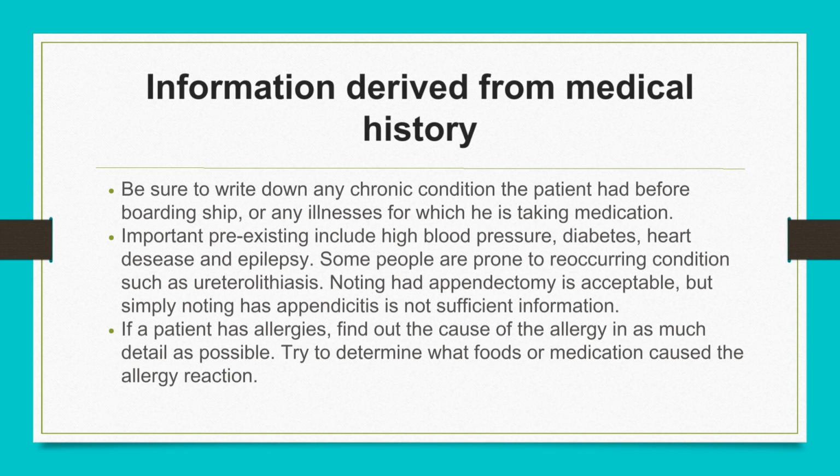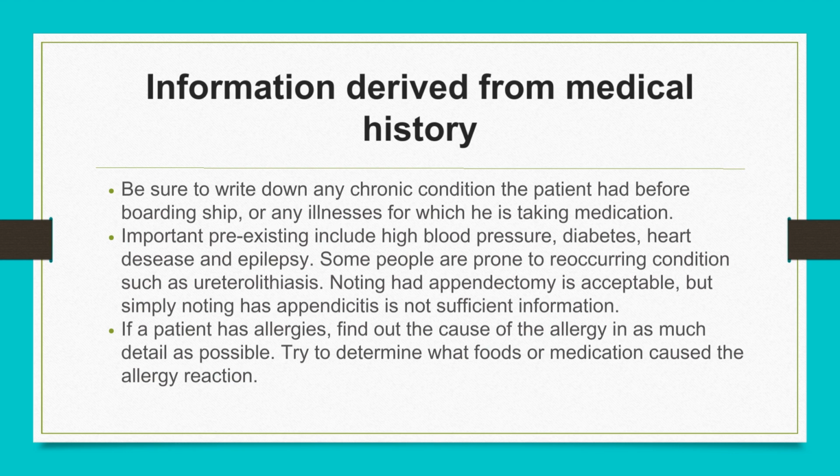Derived from medical history. Be sure to write down any chronic condition the patient had before boarding ship or any illnesses for which he is taking medication. Important pre-existing conditions include high blood pressure, diabetes, heart disease, and epilepsy. Some people are prone to recurring conditions such as urethritis.